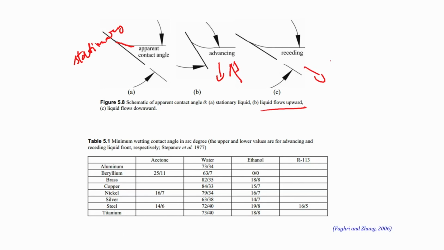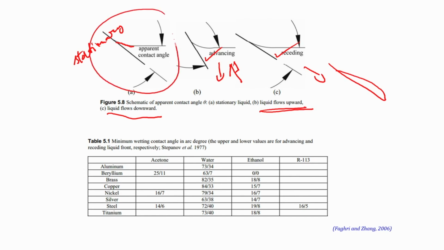Here the droplet's contact angle is actually increasing, and in the case of receding, it is getting more and more like a flattened pancake type of form. This is the direction of motion, this is the static and stationary shape. These are the two possible motions, so you can get both advancing as well as receding contact angles.